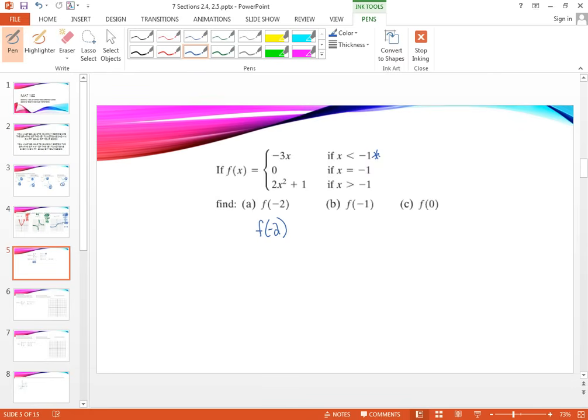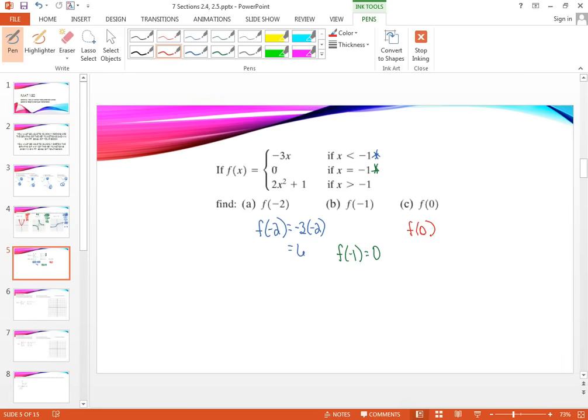So if I want to find f of -2, I plug -2 into that first part, and I get 6. If I want to do part B, f of -1, we'll have to look and see which condition that falls under. And it's this one. And it just flat out says if x is -1, f of x is 0. So I don't have to do anything. Okay. And the last one.